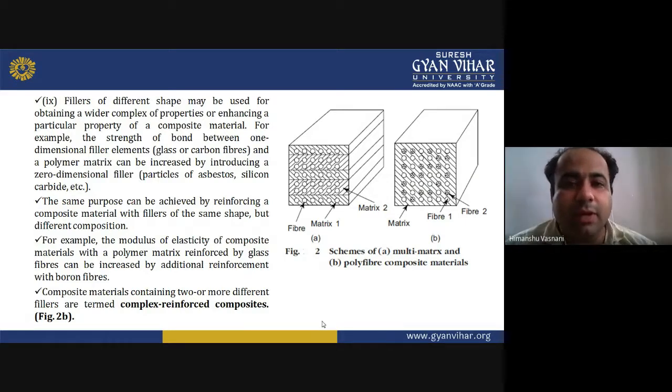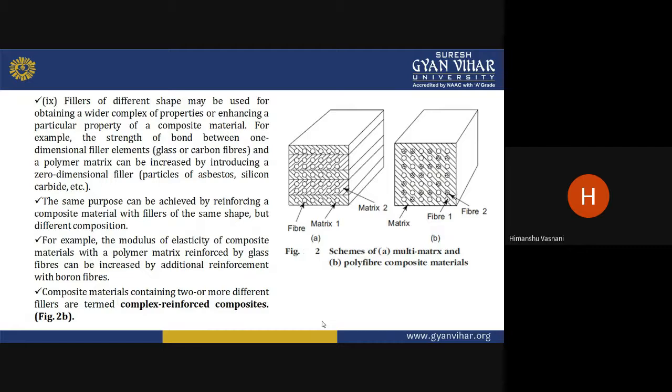For example, the strength of bond between one dimensional filler elements, glass or carbon fibers, can be increased by introducing a zero dimensional filler, particles of asbestos, silicon carbide, etc.